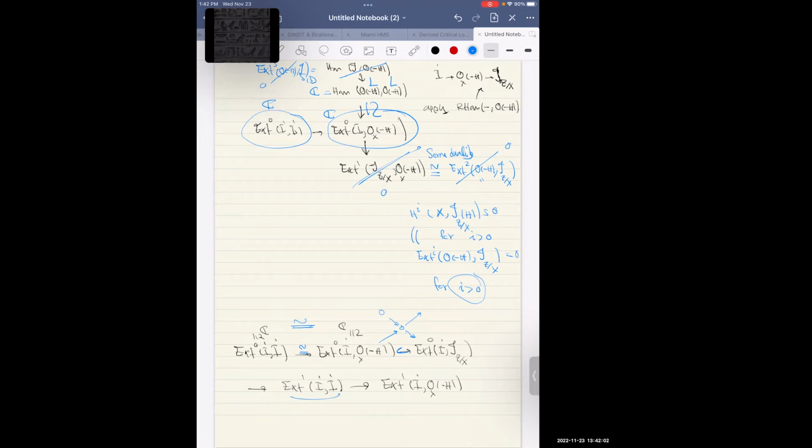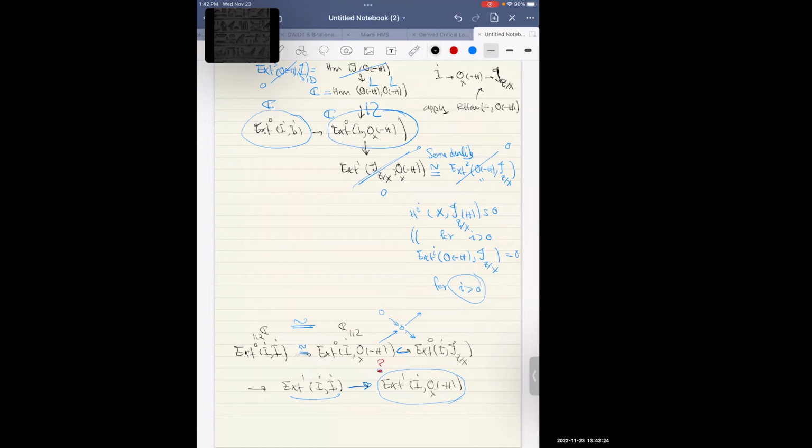If I can show that this term is vanishing or that this map is surjective onto 0, I am done, because then the map between them is both injective and surjective. That means it's an isomorphism. So all I need to do is see what happens for this term in here, okay?